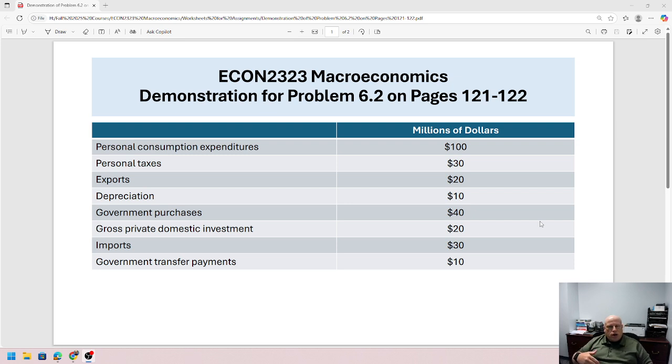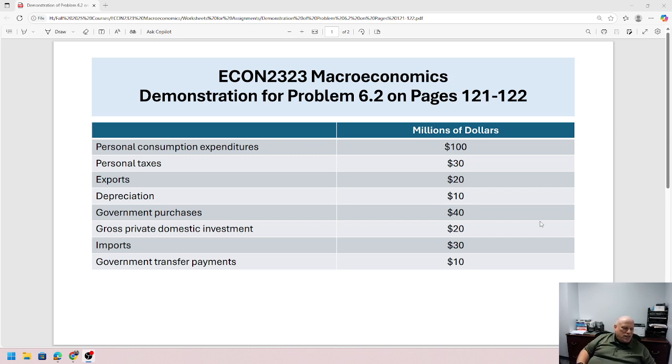It gives you all those numbers in billions of dollars, okay? And then it's going to ask you to calculate various things like GDP and net domestic product and net investment and net exports, all right?